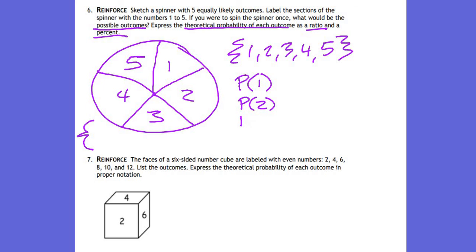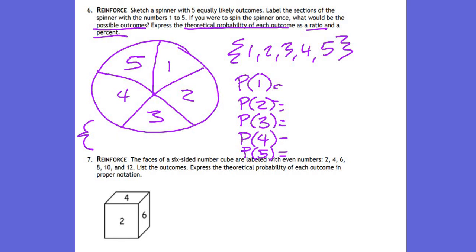Well, each of them, I have to find as a fraction and then convert it to a percent. I'll leave that up to you. I'm going to go down to number 7 and set number 7 up. Says the faces of a 6-sided number cube are labeled with even numbers 2, 4, 6, 8, 10, 12.